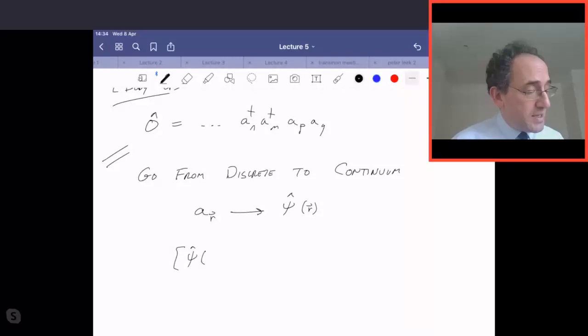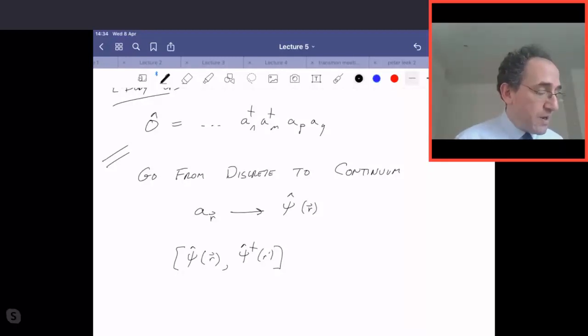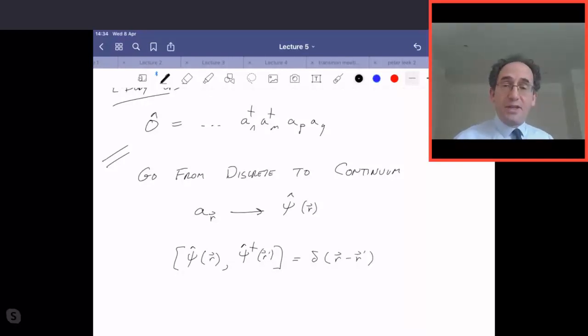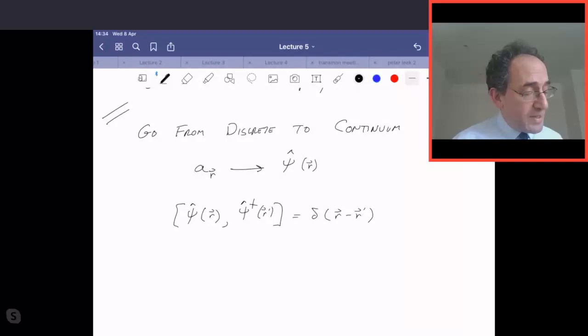We take psi hat of R, psi dagger of R prime, and instead of this being a Kronecker delta between R and R prime, we take this to be a Dirac delta function, delta of R minus R prime. It's convenient to do once we take the continuum limit.